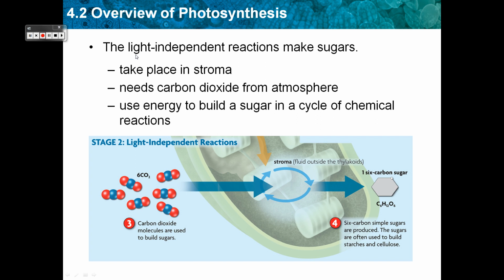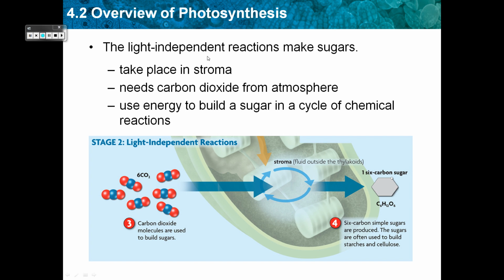All right, now we'll move on to the light-independent reactions. These end up making the sugars, that's the whole point of photosynthesis. Light-independent reactions do not need light to power them, but they get their power from the products of the light-dependent reactions that we just talked about. Remember those two energy-carrying molecules, which are ATP and NADPH.